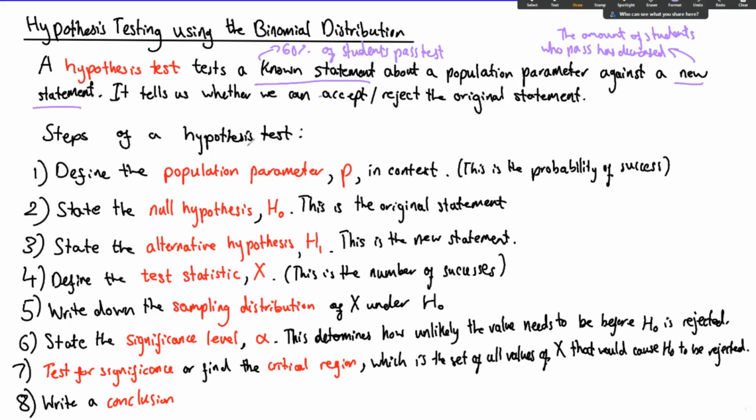For example, let's say no students pass the test. Then it makes sense to think that something's changed, because 60% to 0% is a huge decrease. So then we would be able to reject the original statement.